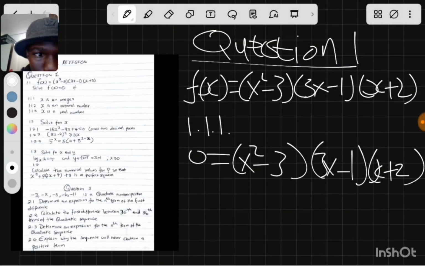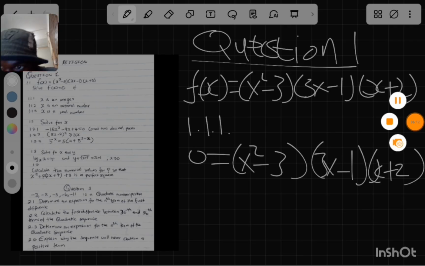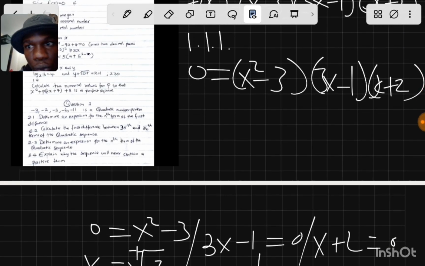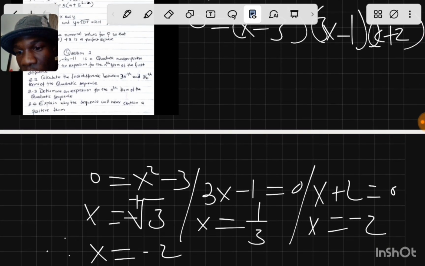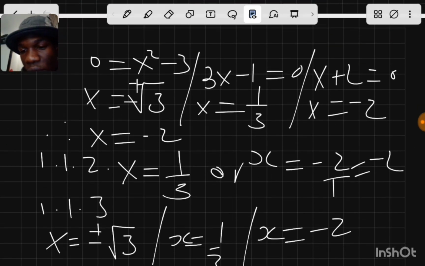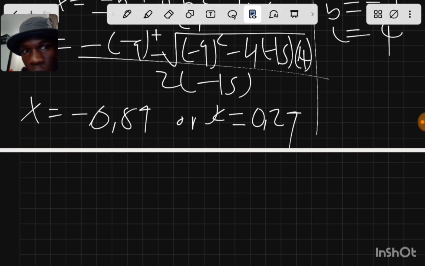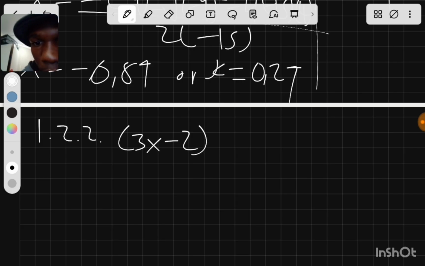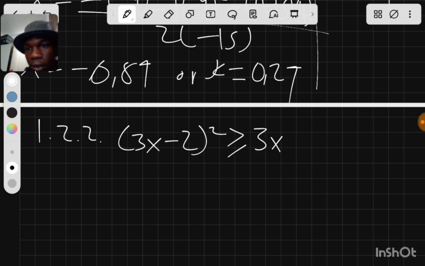Nothing much. We are going for 1.2.2, which says open bracket 3x minus 2 squared is greater or equal to 3x.